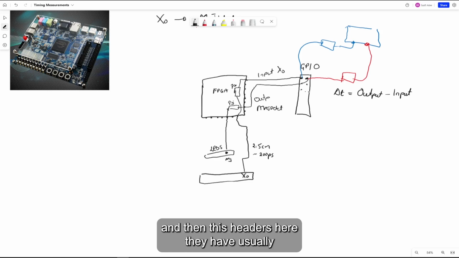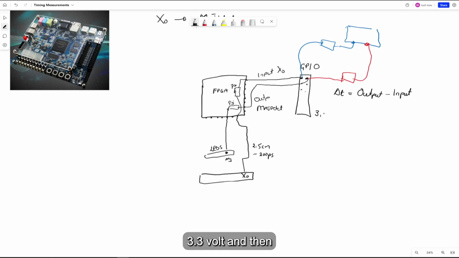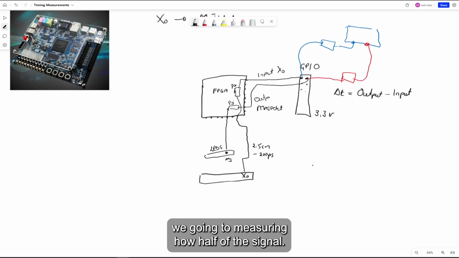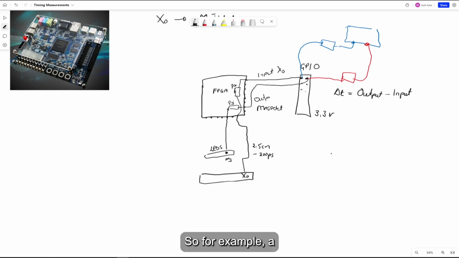These headers here usually have 3.3 volts, and we're going to measure at half of the signal. For example, the signal will look like this.